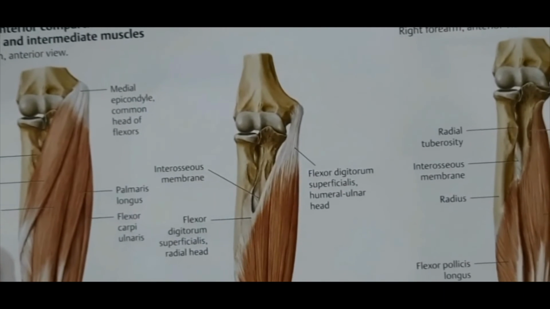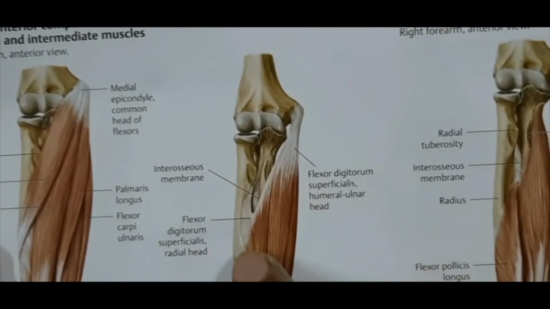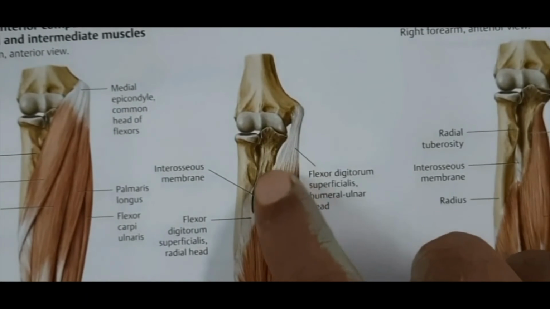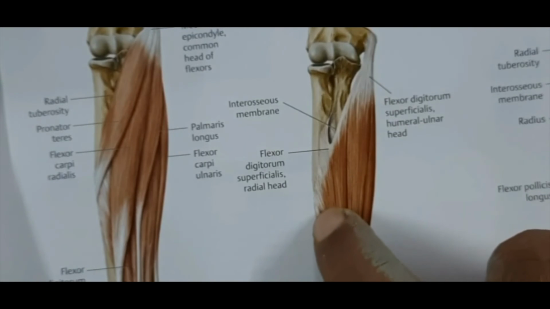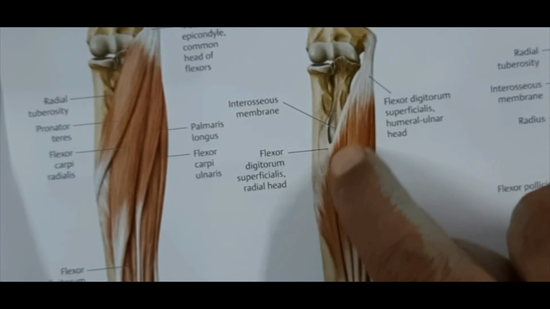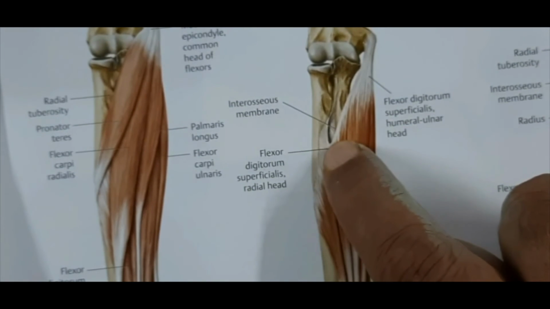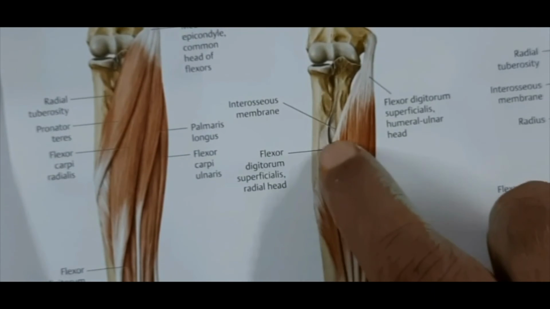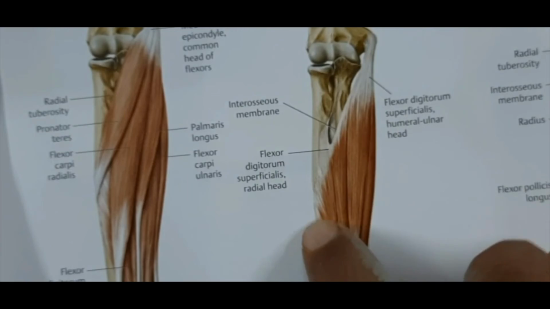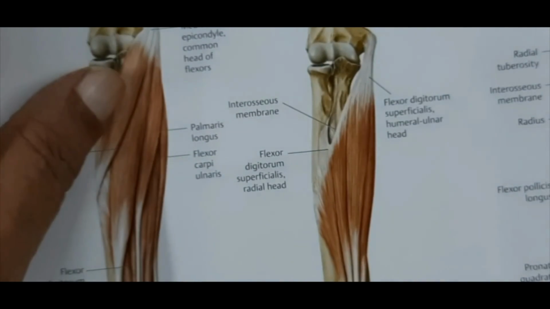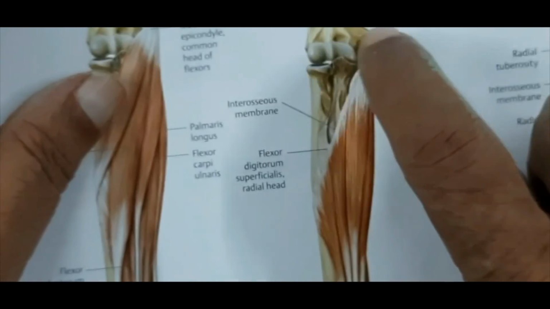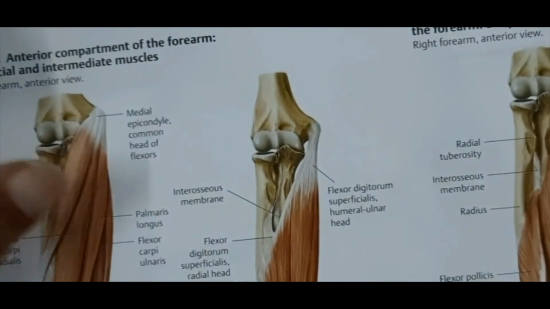Then you can see here we have learned that this muscle Flexor Digitorum Superficialis takes origin from the radius. So this is from the anterior border of the radius. This is the Flexor Digitorum Superficialis and its radial head, because the other heads, ulnar and humeral, are elsewhere.